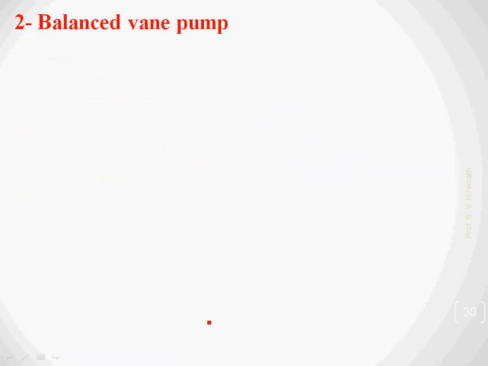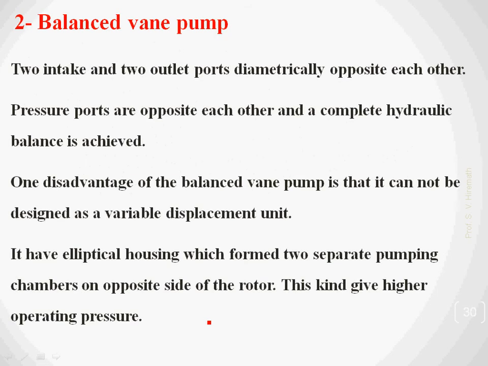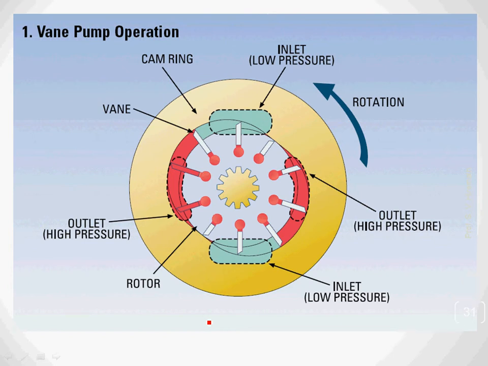So next, we have seen the unbalanced one. What about the balanced one? So in the case of a balanced vane pump, it consists of 2 inlets as well as 2 outlets. These pink colored ones are nothing but the outlets, which are kept diametrically opposite to each other, and the 2 inlets are also diametrically opposite to each other, and we have the elliptical casing here.